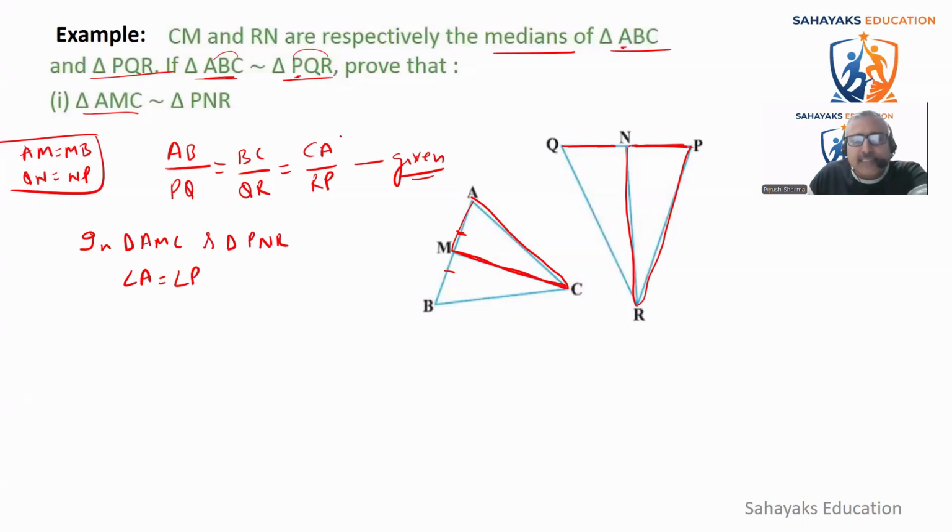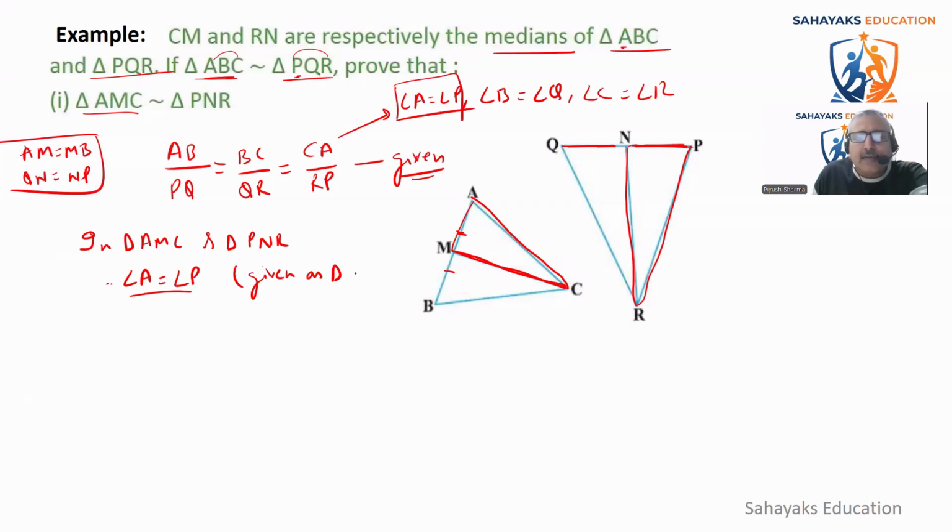Because when the triangles are similar, we can say here that angle A is equal to angle P, angle B is equal to angle Q, and angle C is equal to angle R. So we'll require only this part, which we have already taken here. So this is given as triangle ABC is similar to triangle PQR. Okay, this part is already given.